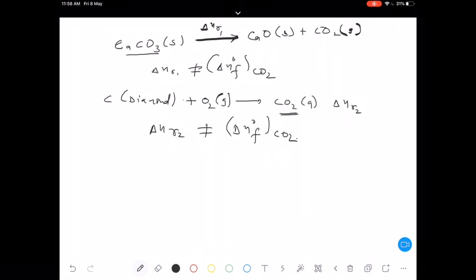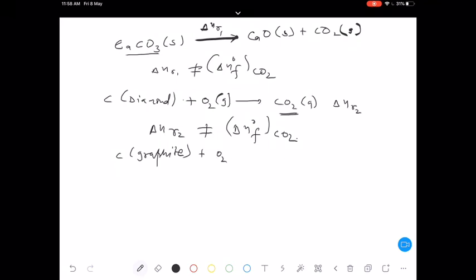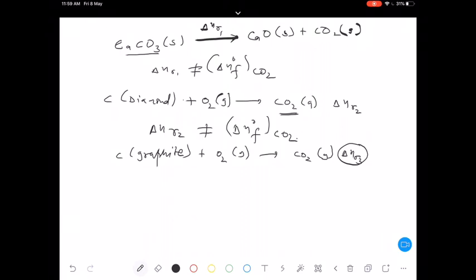So next we write, let's take standard state of carbon as carbon graphite plus O2 gas, giving you CO2 gas. Let's say I write as delta HR3, heat of reaction for this particular chemical change.